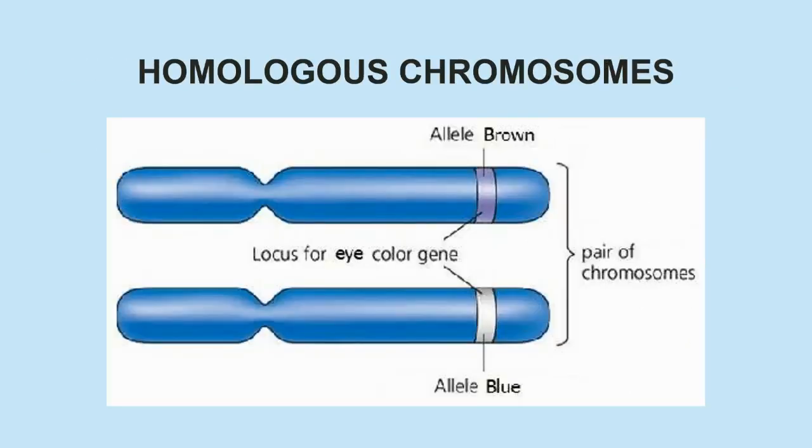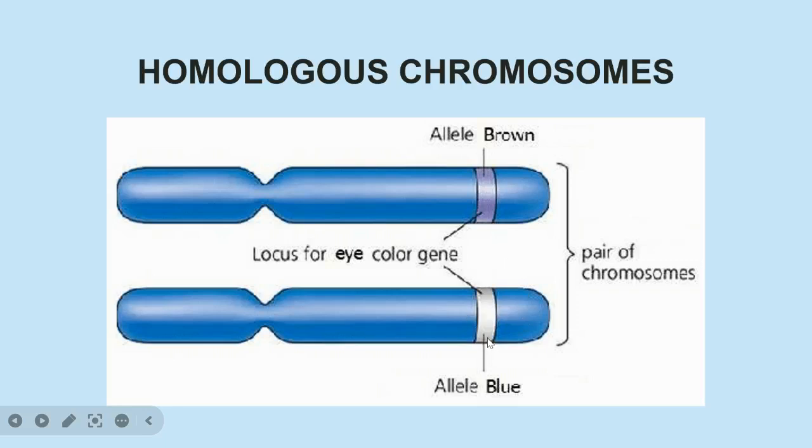So as you can see here in the example po, it is an example of homologous chromosomes, a pair of chromosomes. One inherited from each parent may have different alleles. So kung mapapansin po ninyo, for example, ang namana or nanggaling na allele kay father ay brown and ang nanggaling na allele kay mother ay blue.